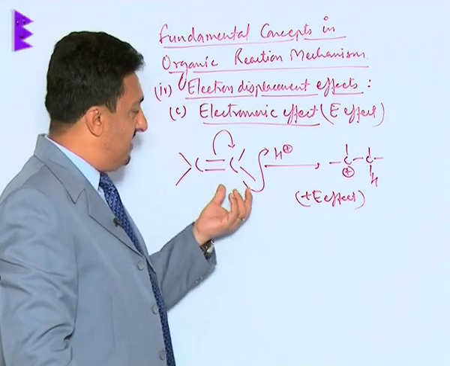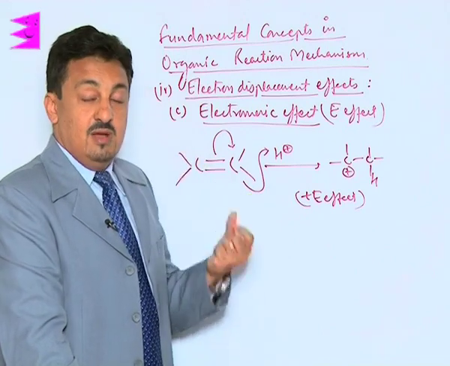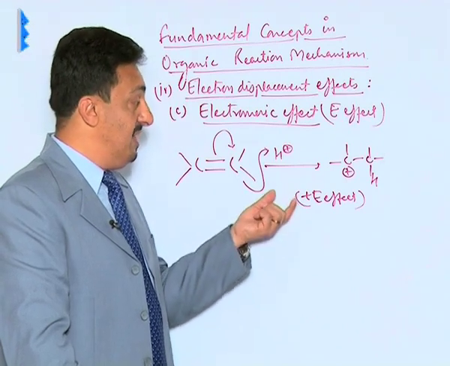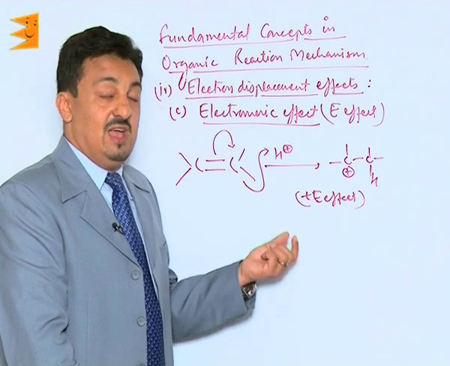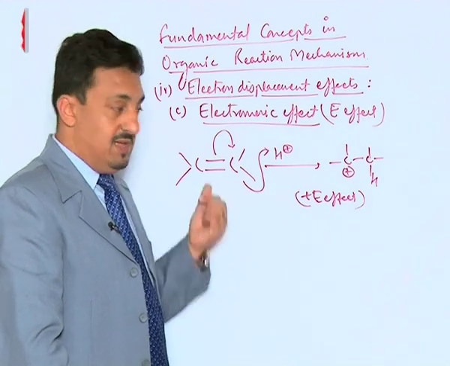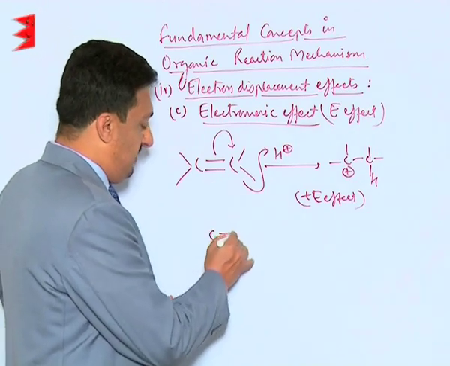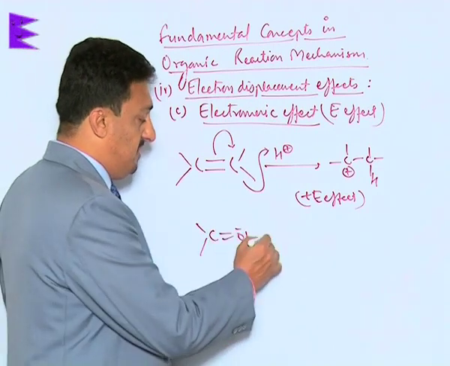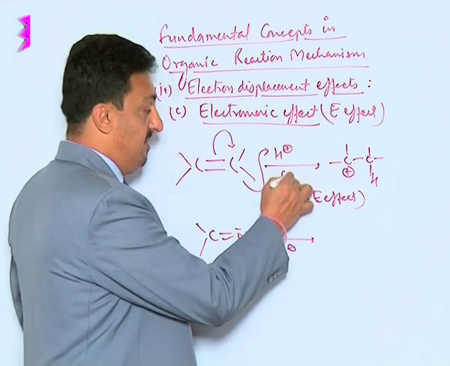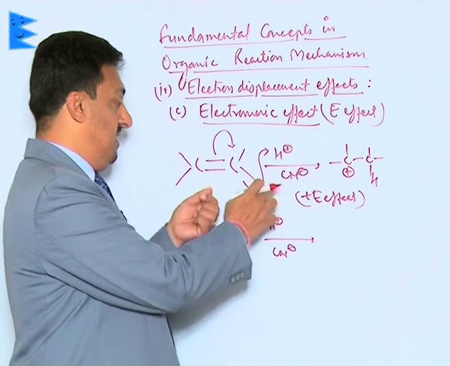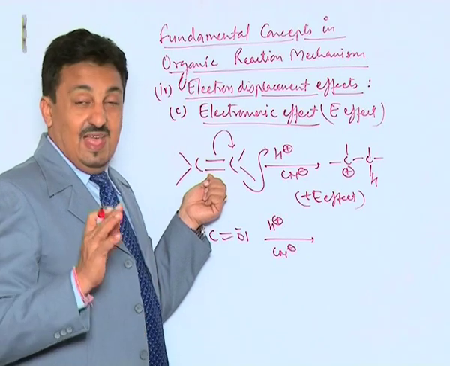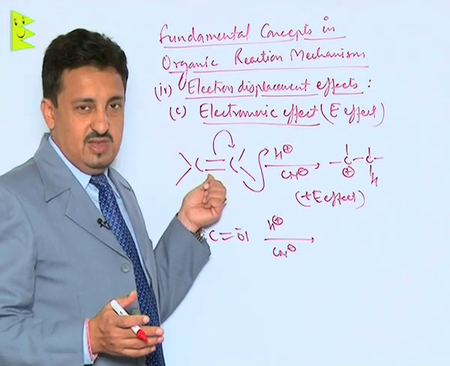That is why non-polar multiple bond systems always show the electrophilic plus E effect, and they always show electrophilic addition reactions, because electrophiles are the only species attracted towards these systems. A nucleophile will not be attracted, because the high electron density of the alkene will repel it. That is why alkenes, alkynes, benzene and others never show nucleophilic addition reactions.